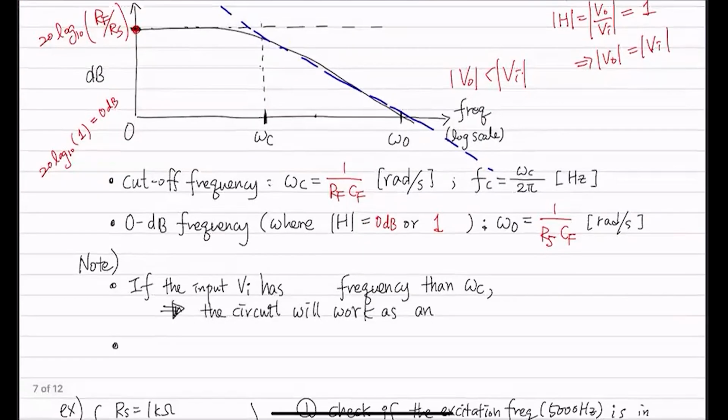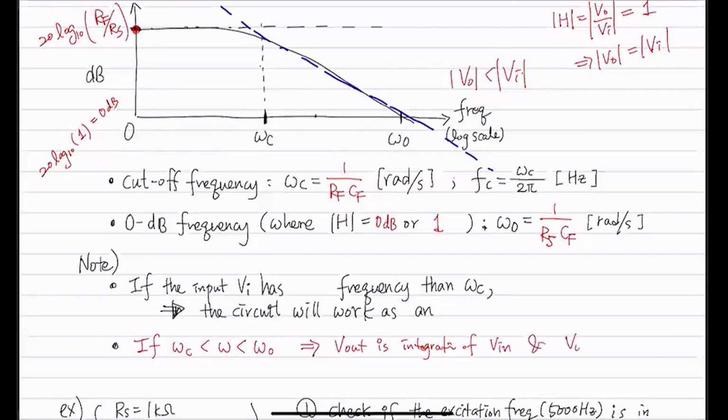So if omega C has this kind of relationship, then V out is the integration of V in, and V out is greater than V in, okay?